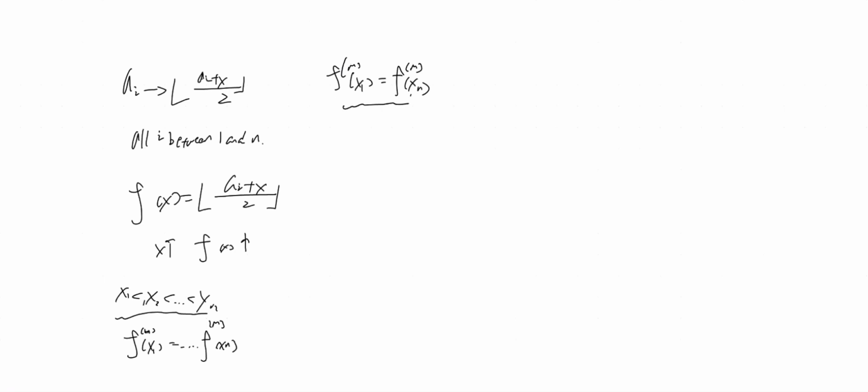To solve this task, here is our second hint, which is that we consider the maximum value minus the minimum value, which is xn minus x1. And we observe this value. How will this value change after an operation?